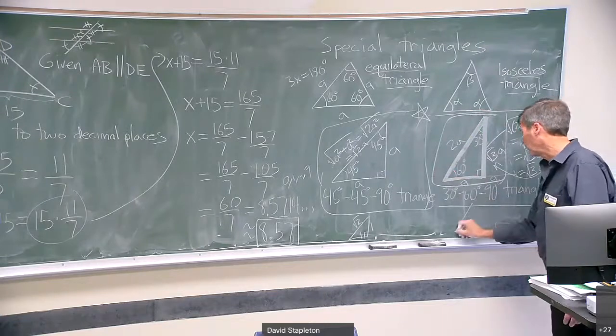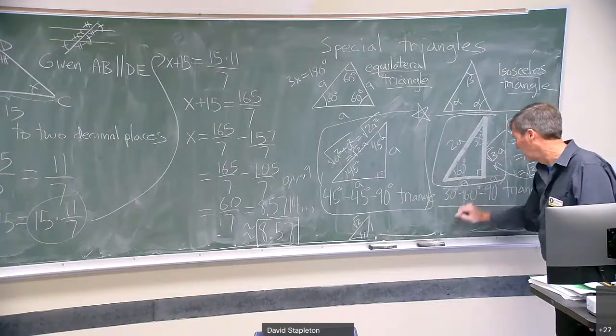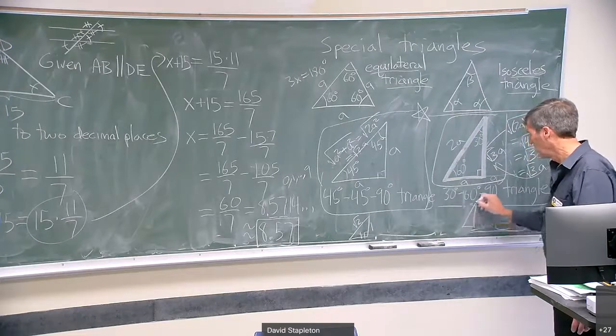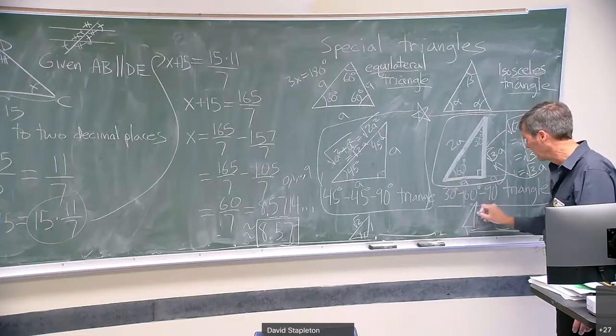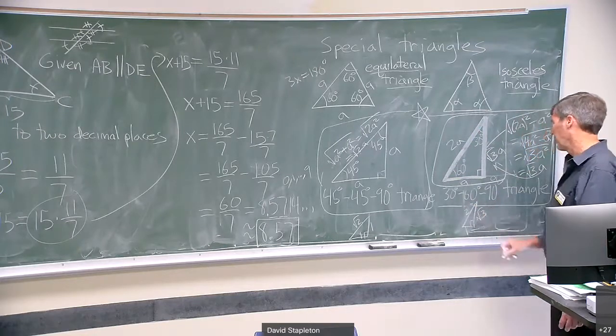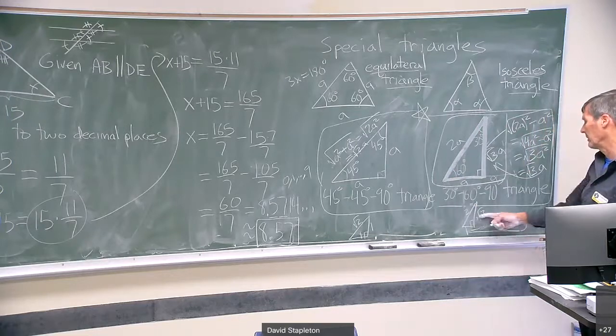And you can say they're all scaled up versions of this one: 1, square root 3, and 2. That's a 30, 60, 90 triangle. It's any multiple of this one.